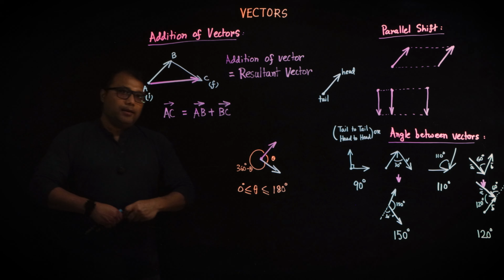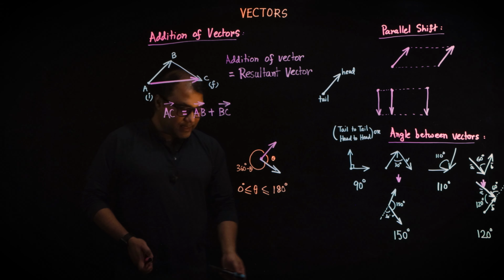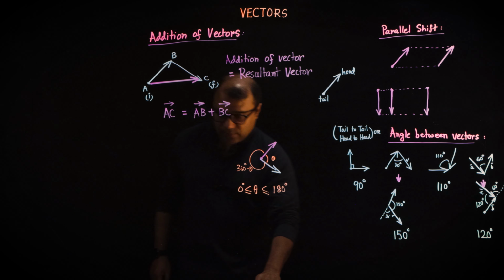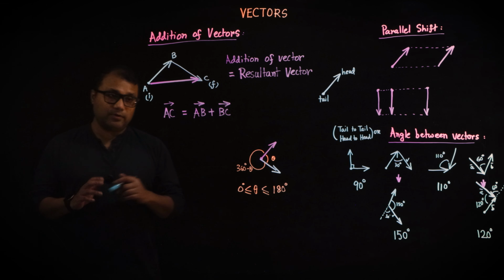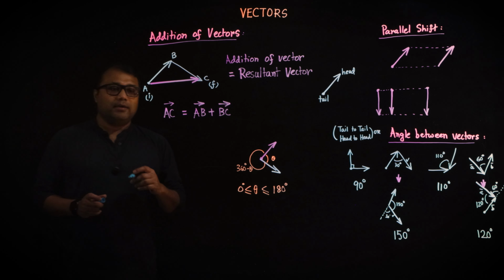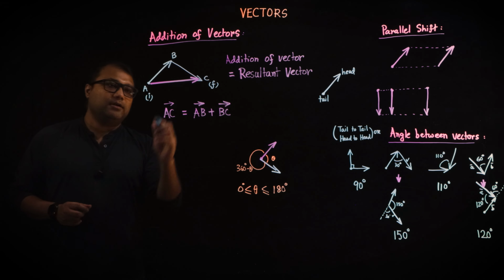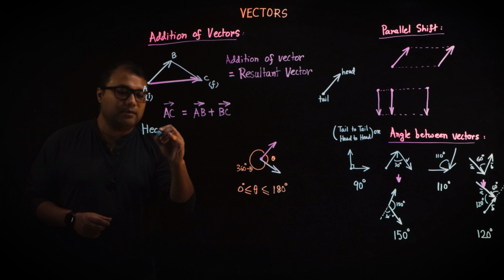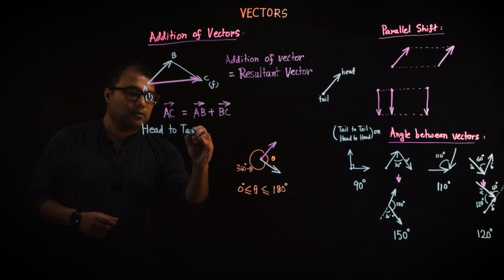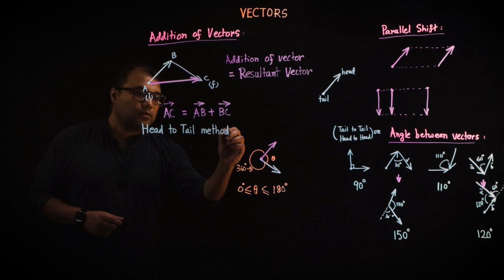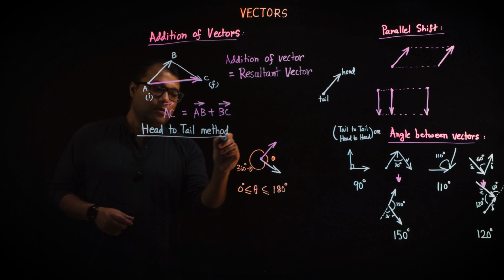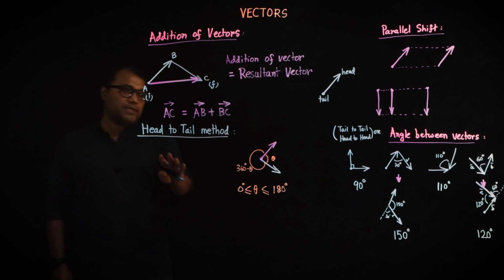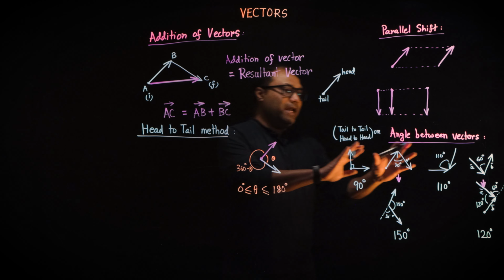Now this addition of vectors we will have to deal with carefully. This method of addition is called the head to tail method. Do not confuse that with the angle between vectors.